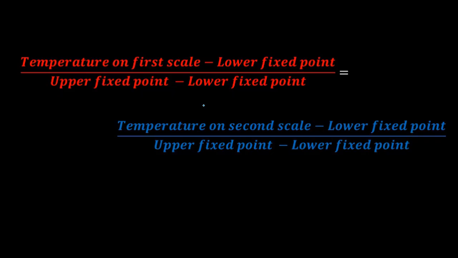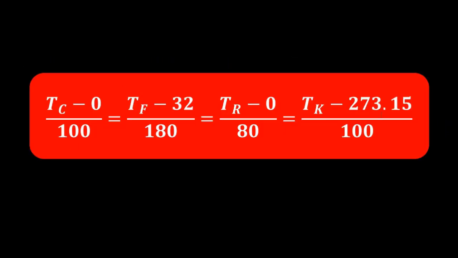That equals the temperature on the second scale minus the lower fixed point in that scale, divided by the upper fixed point minus lower fixed point. This is the basic formula. You can use this formula to interconvert between different temperature scales.